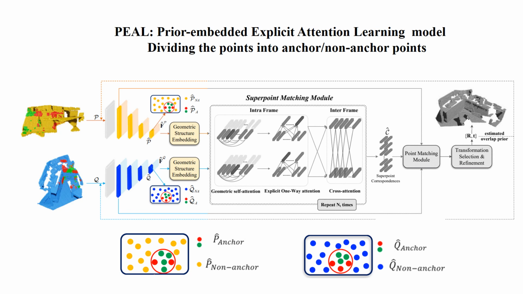By incorporating prior knowledge into the learning process, the points are divided into two parts, anchor points and non-anchor points. The anchor points include points lying in the putative overlapping region, and the non-anchor points include points lying in the putative non-overlapping region. And the overlap ratio of the anchor region is significantly improved.